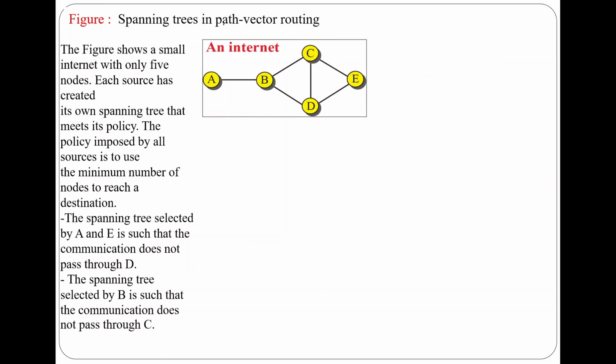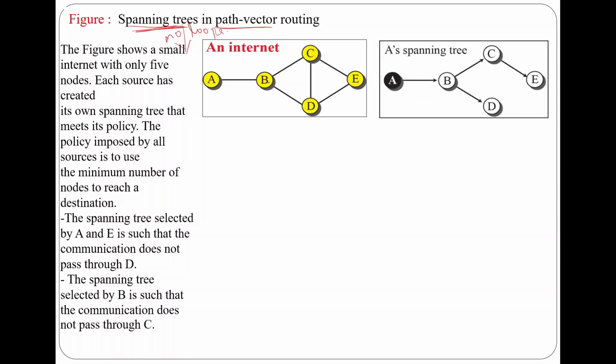This path vector routing protocol is based on the spanning tree algorithm. What does spanning tree mean? A spanning tree is one which does not contain any loops. That is the kind of path we have to establish.